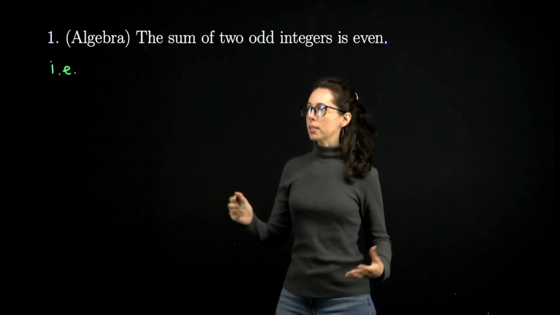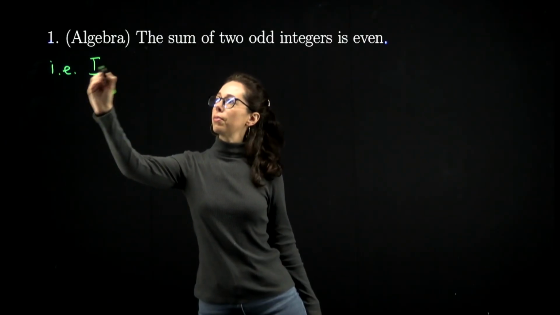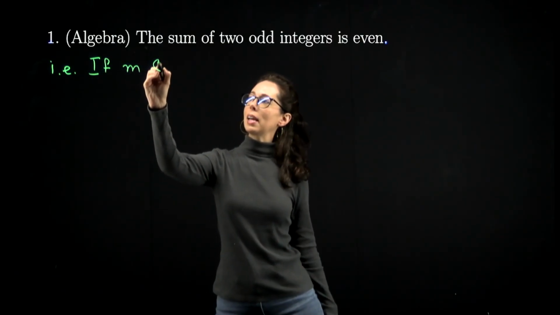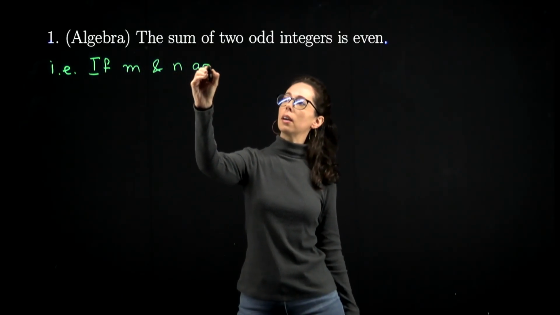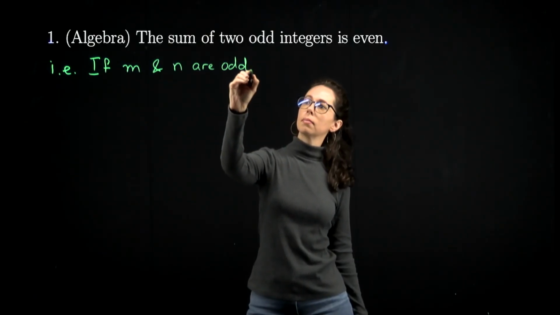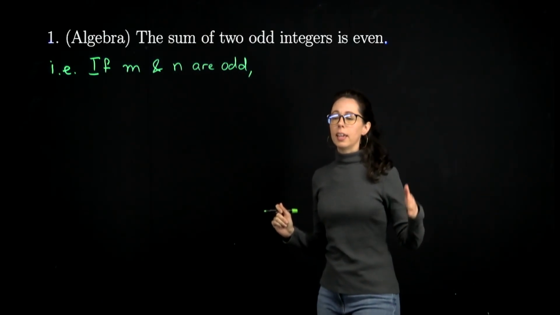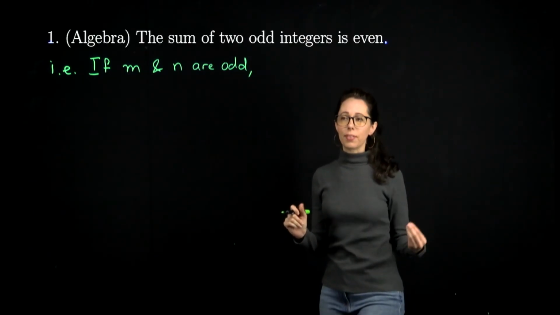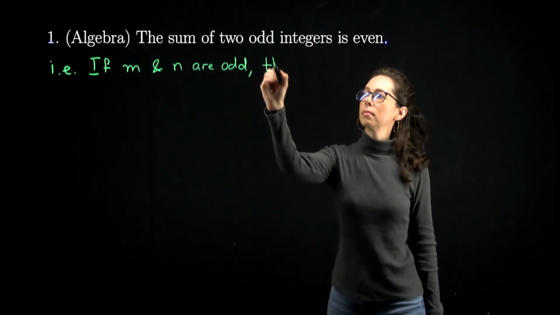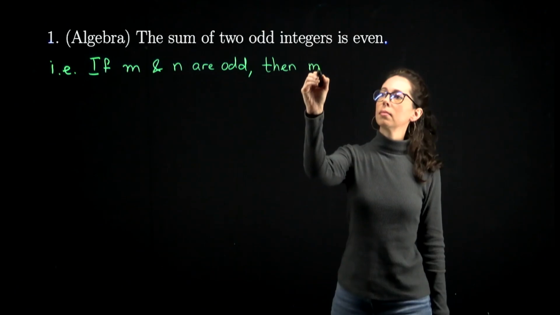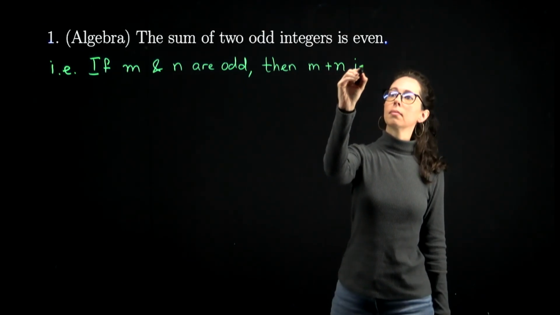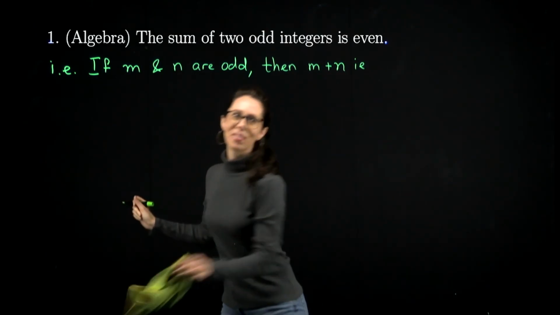So our hypothesis will be: if m and n are odd, that's what we start with, then m plus n is even.